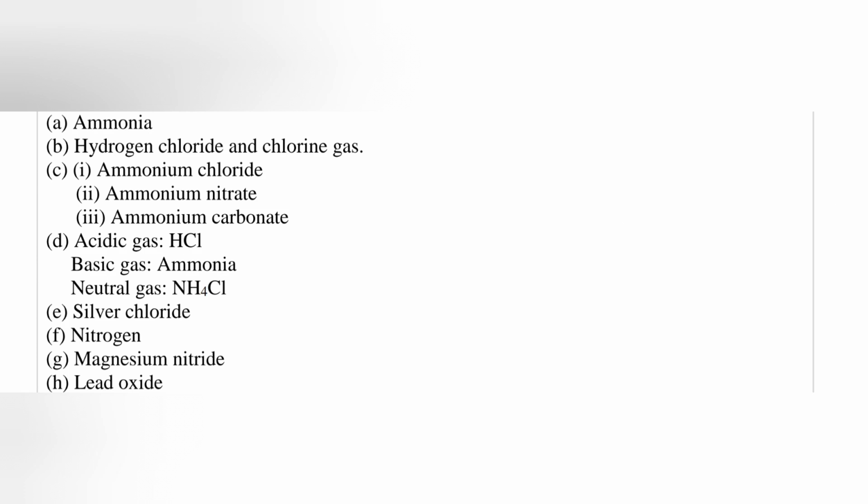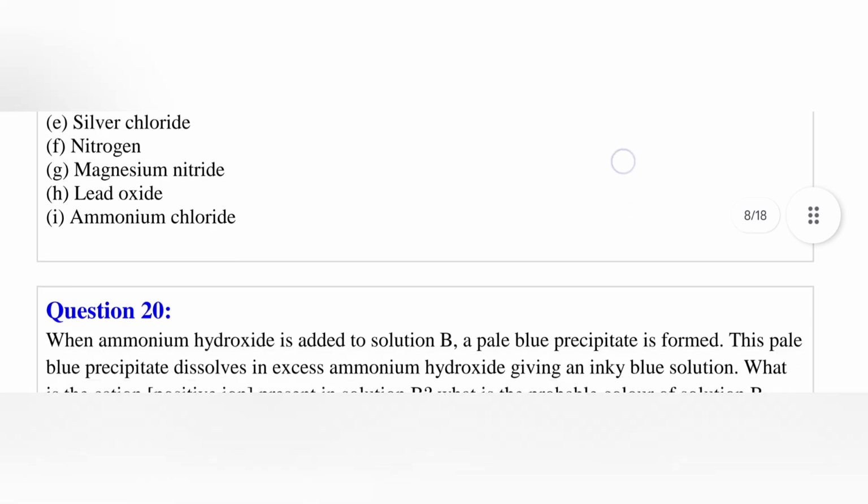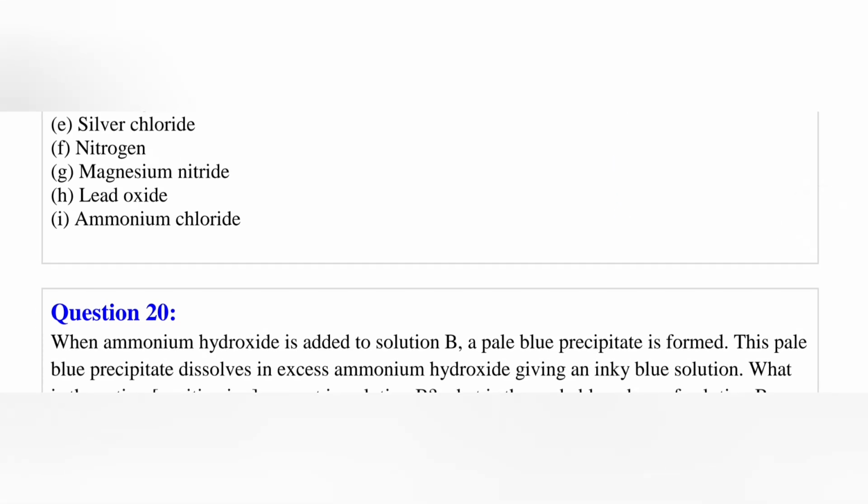A white salt produced by an acid gas and a basic gas is ammonium chloride, NH4Cl. Questions related to ammonium chloride are asked in different ways.